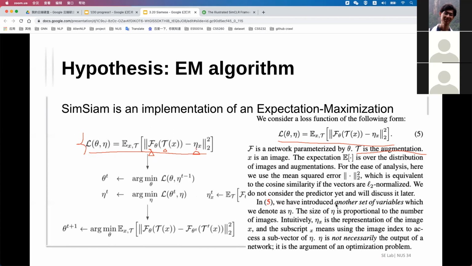He said eta is another set of variables. You can see that he also said that eta is actually a representation of x. So here eta_x is like the true representation of the picture, and f is the network, so it is the representation output by the network.